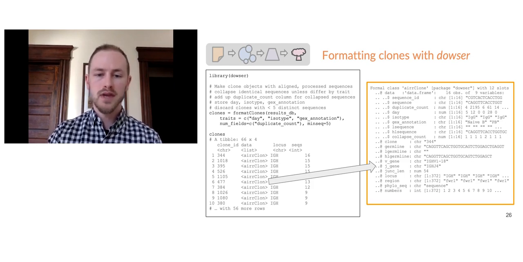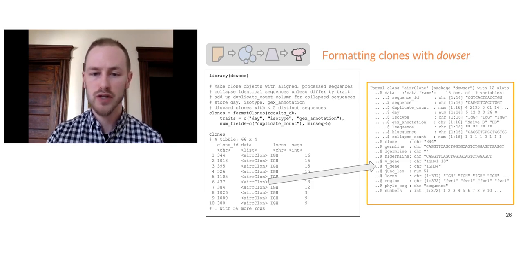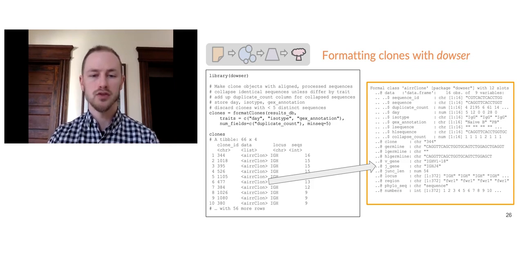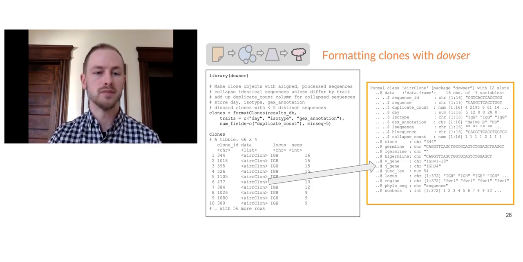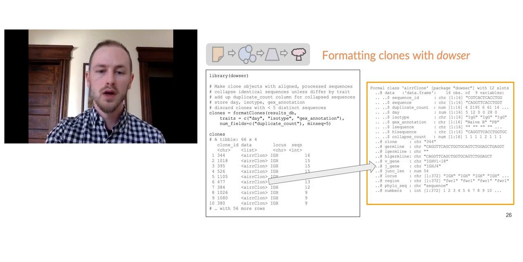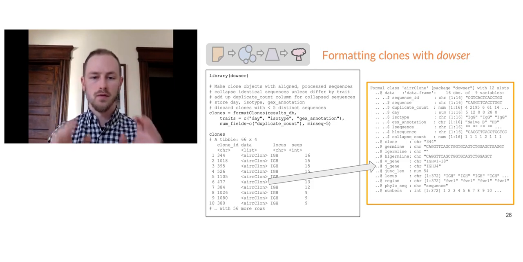Here we say that we want to specify the day, the isotype, and the gene expression annotation information as traits of the sequences. And we want to have the duplicate counts as the numeric fields of the sequences. The way this works is format clones by default will collapse identical sequences together.